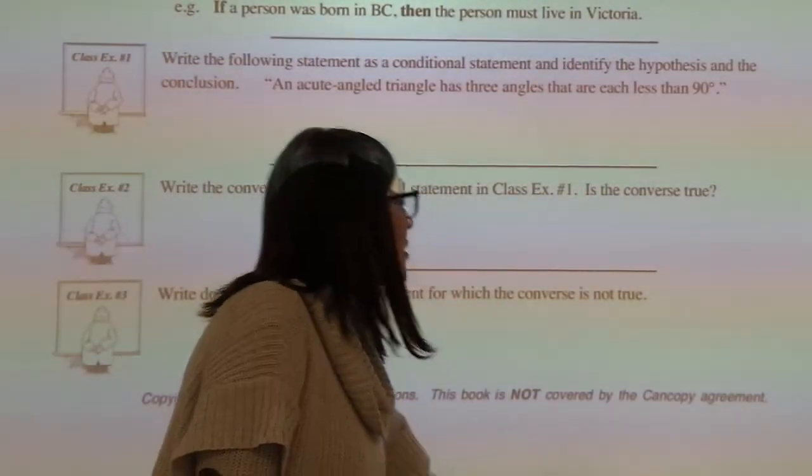So we're going to write a conditional statement. An acute angled triangle has three angles that are each less than 90 degrees. So we are going to write this as an if-then statement. We make the first part of the statement our if, and the second part would be then.